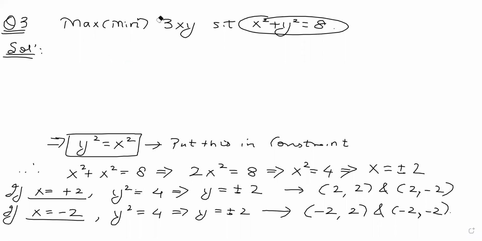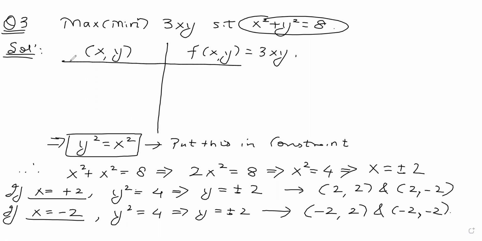We are going to plug the values of x comma y and evaluate the function f of xy at these points. The points we have got are 2 comma 2, 2 comma minus 2, minus 2 comma 2, minus 2 comma minus 2. So I am going to plug all these points in my function f of xy equal to 3xy.